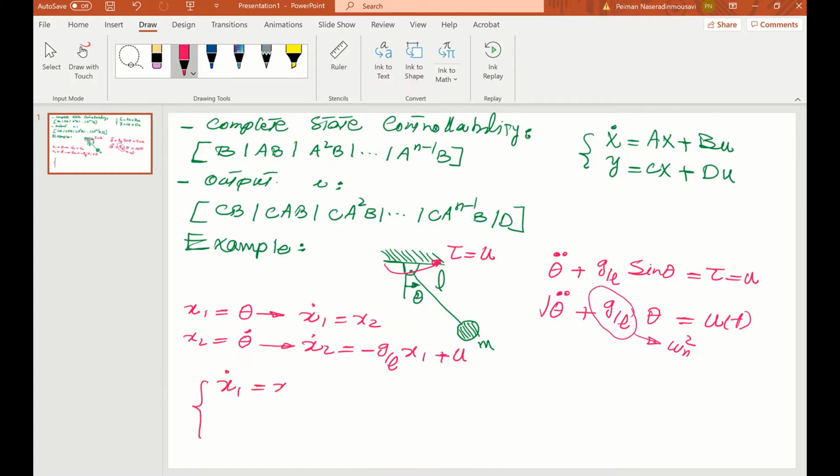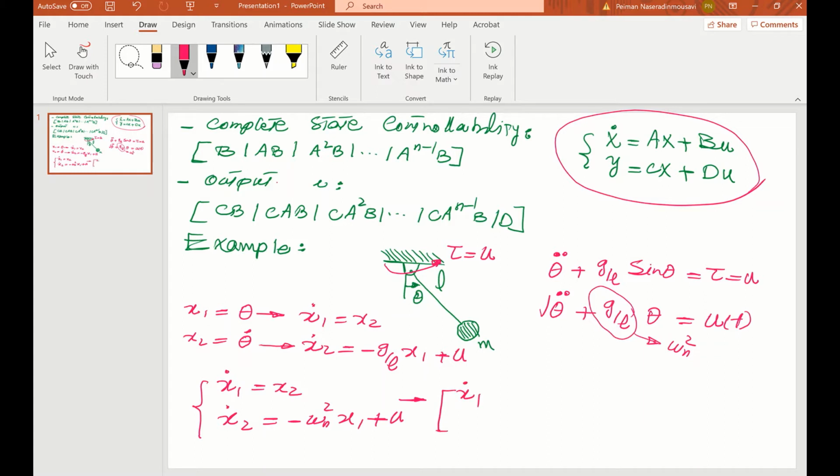So your LTI system in state space form is x dot 2 equal to minus omega n squared x1 plus u. I want to make it in this form exactly. So you can write x dot 1, x dot 2 equals A times x1, x2.